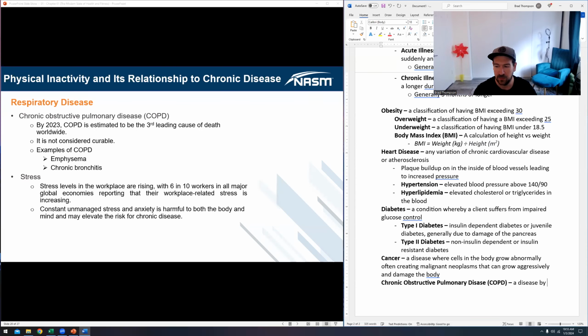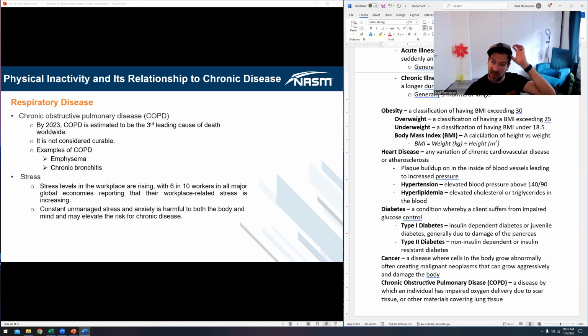A disease by which an individual has impaired oxygen delivery due to scar tissue or other materials covering lung tissue.